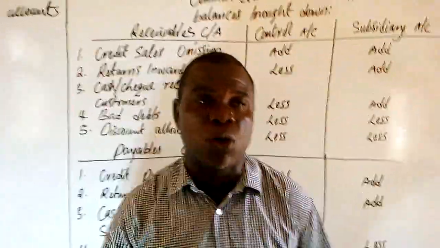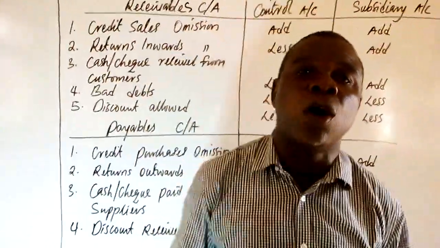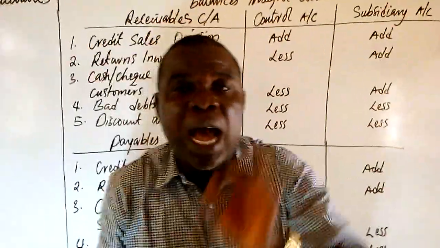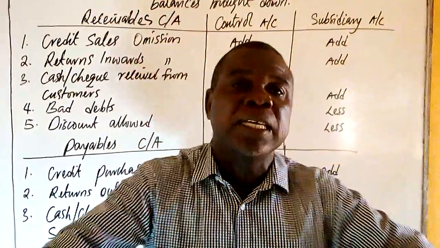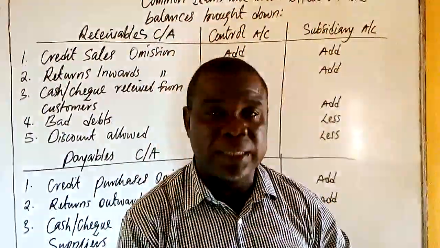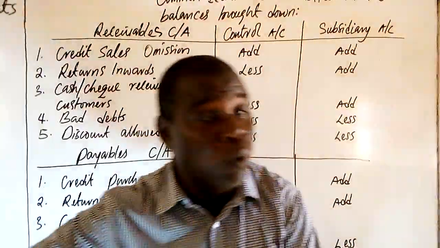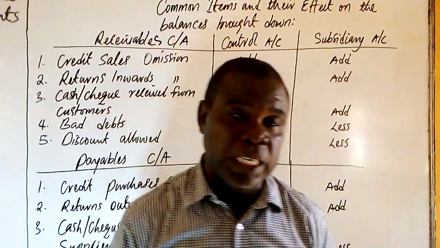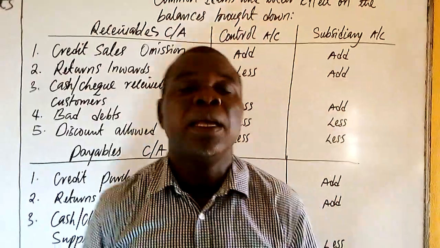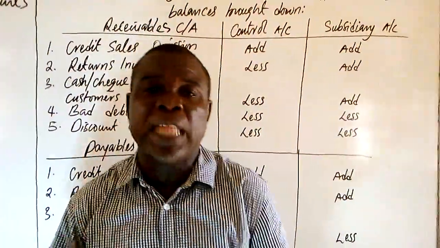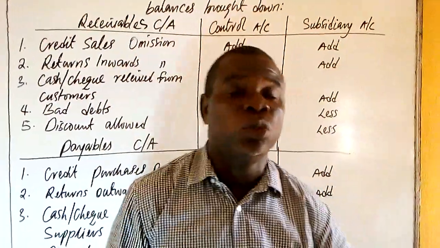This is an area where critical thinking comes into play. These errors are not common, but in case they come, you have to think carefully how the error committed affects the control account balance that disagrees with that of the subsidiary book. You have to think critically before you decide whether to add or to deduct.